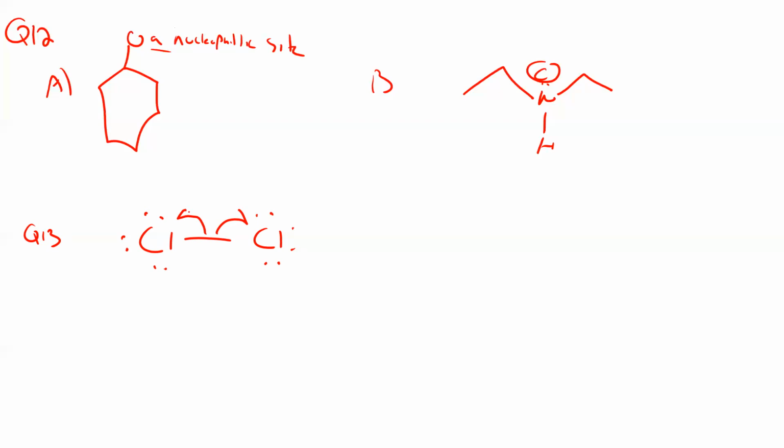You may have to, I don't know how they require it. It's all the same thing though. They may want it like this. It's the same thing though. And you're going to be left with your radicals, your chlorine radicals. So that is a homolytic cleavage.